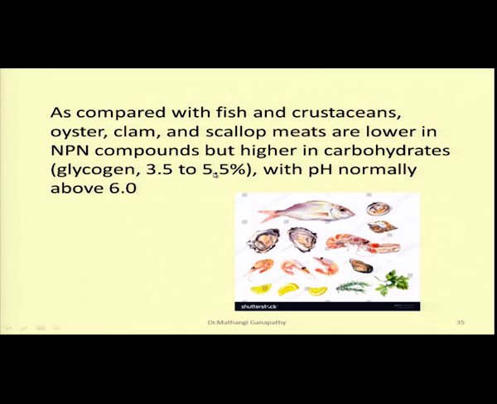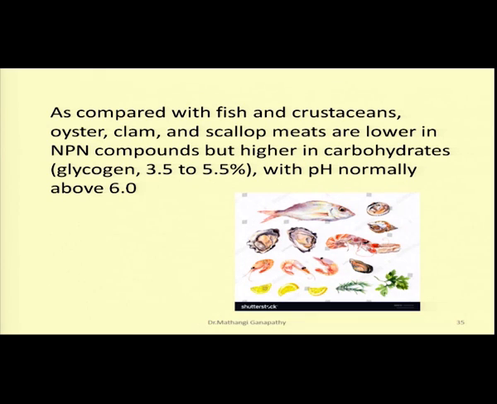But if the shrimp is processed and frozen immediately after harvest, you can minimize the loss, but you cannot completely rule out microbial growth. Compared to fish and crustaceans, oyster, clam and scallop meats are also lower in NPN compounds but higher in carbohydrates.